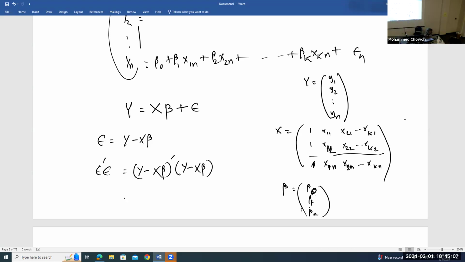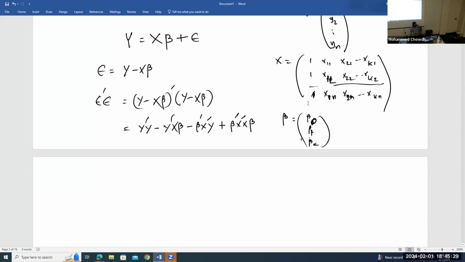So now if you multiply, what you have is y transpose y, minus y transpose X beta, minus beta transpose X transpose y, plus beta transpose X transpose X beta. This is known as matrix multiplication, okay?